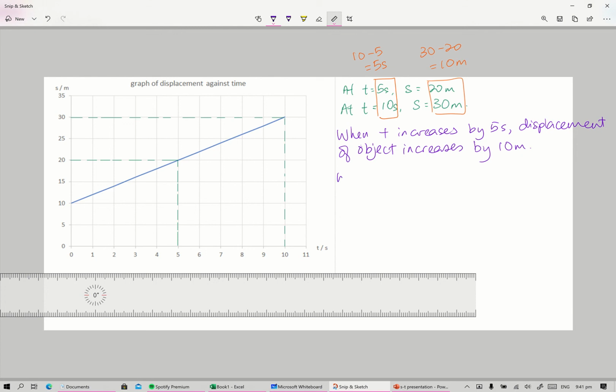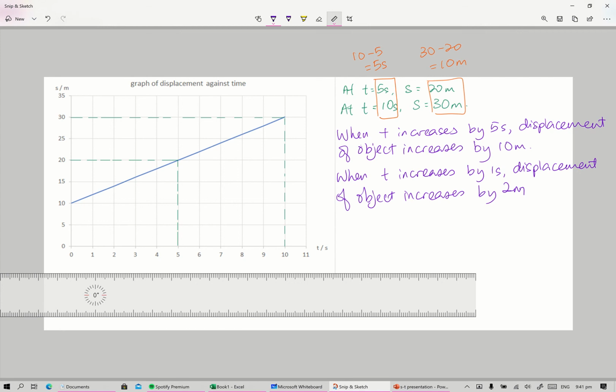So when time increases by 1 second, displacement of object increases by 2 meters.